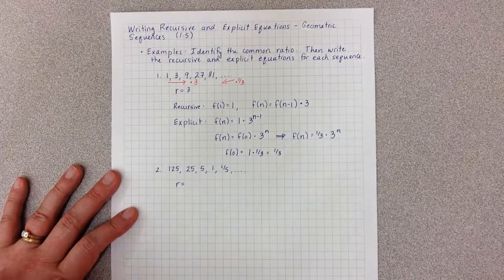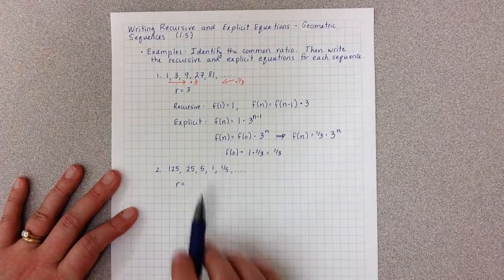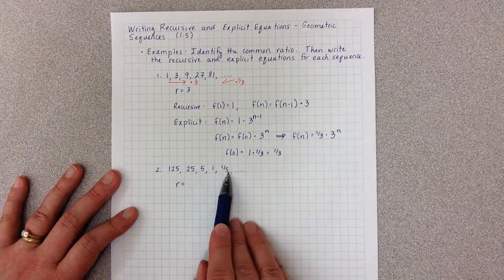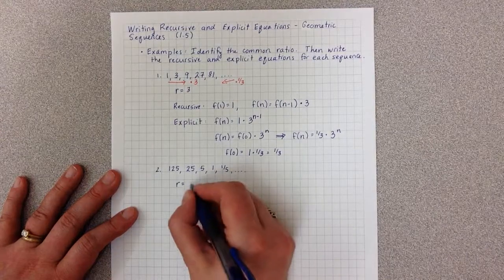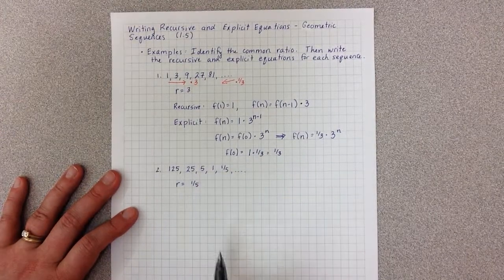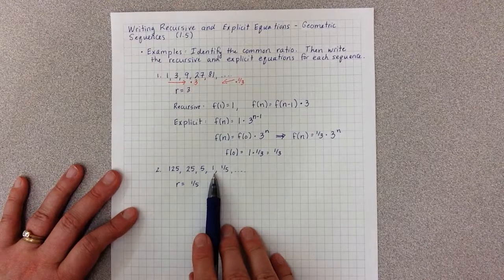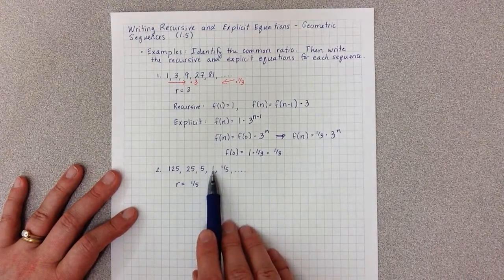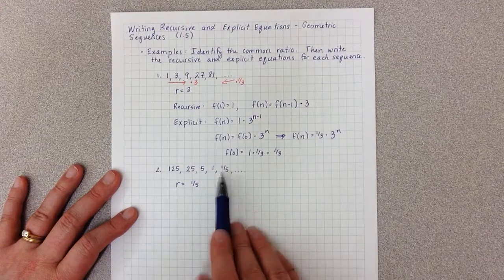I am not multiplying, I'm dividing. So dividing by 5 each time means I'm actually multiplying by 1/5. And the easiest place to see that in this particular sequence is the fact that to go from 1 to 1/5, I would multiply 1 by 1/5.